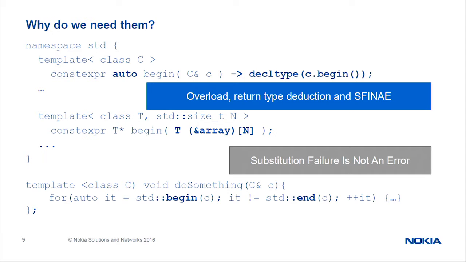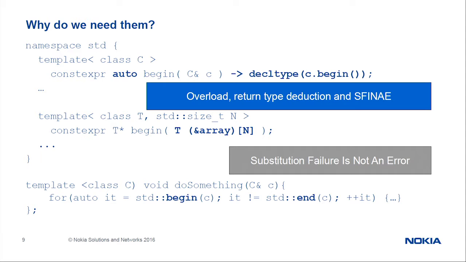And here, for example, we can define an overloaded begin function that just will forward to the member begin function when the member function is valid. And for that, we use return type deduction and SFINAE. How many of you know what SFINAE is?